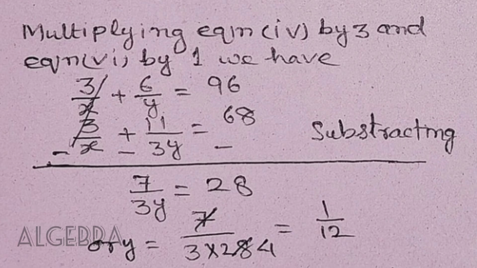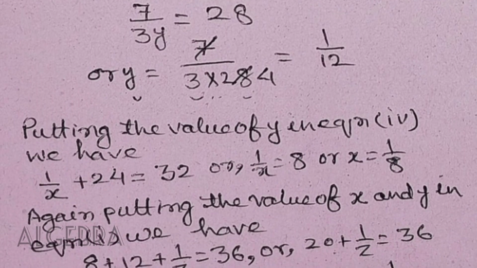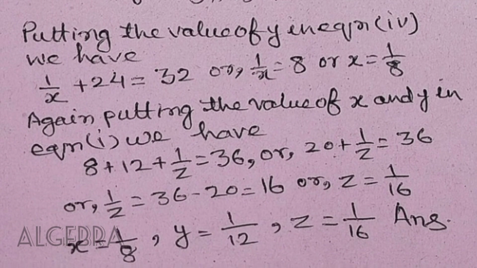Subtracting, 7/3y = 28, or y = 7/(3 into 28) = 1/12. Putting the value of y in equation 4, we have 1/x + 24 = 32, or 1/x = 8, or x = 1/8.